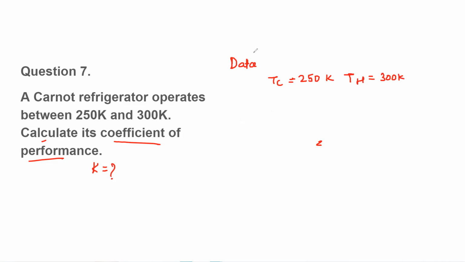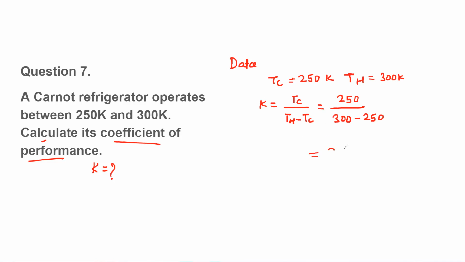For coefficient of performance formula, K is equal to Tc upon Th minus Tc, that is 250 upon 300 minus 250.